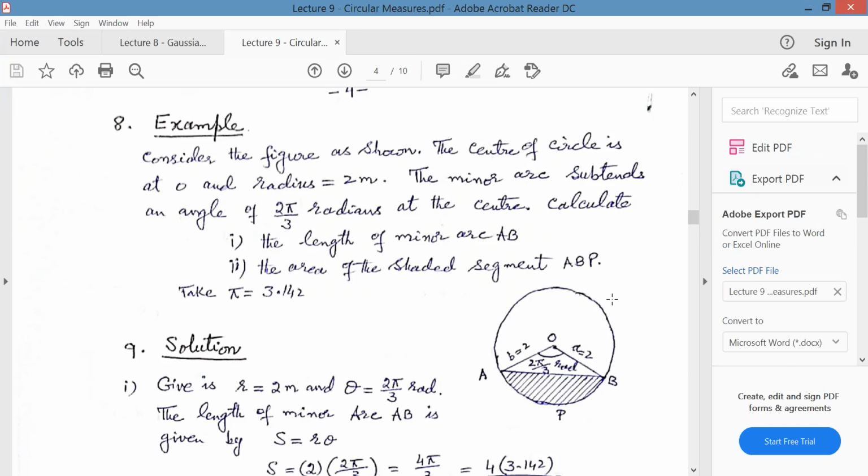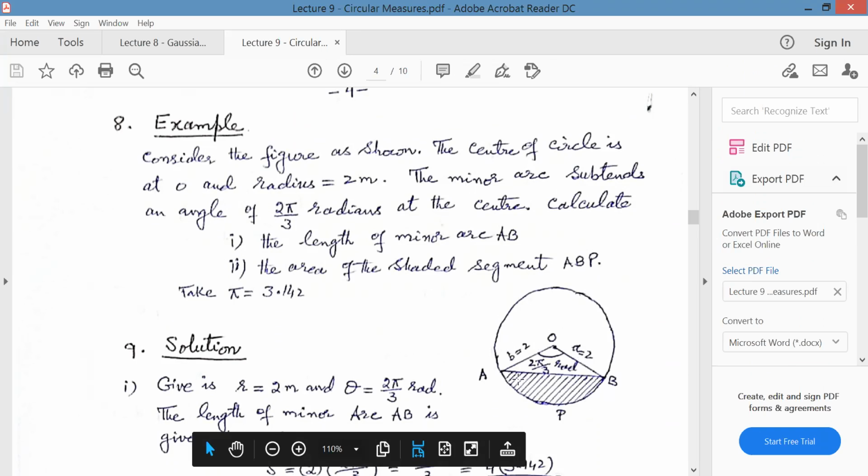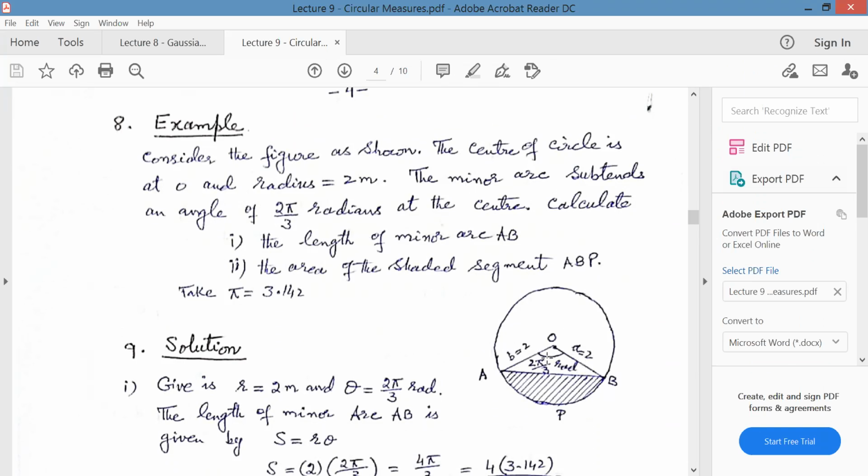It will be the same everywhere. So the radius OA will be same as OB, both will be 2 because it is given 2. The minor arc, a smaller arc is called a minor arc. This is AB. This is a minor arc. It subtends an angle of 2 pi by 3 radians at the center. The angle being formed at the center is 2 pi by 3 radians.